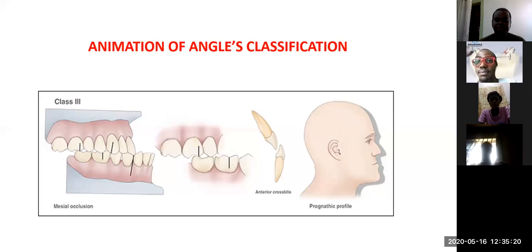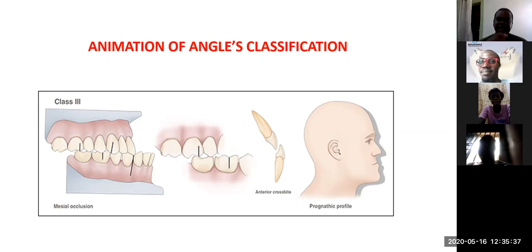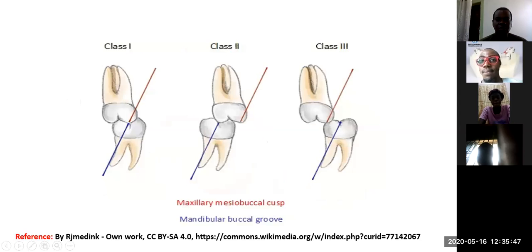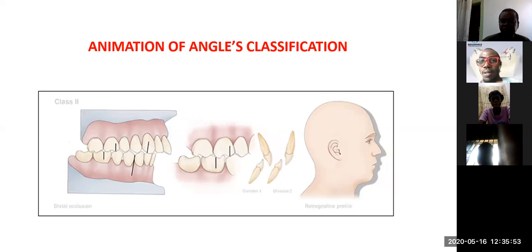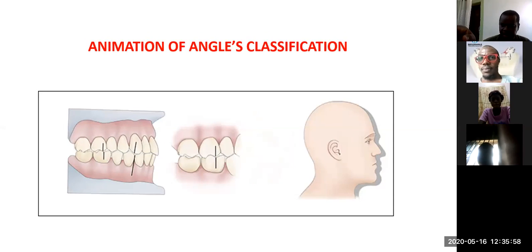You can see the Edward Angle's classifications of malocclusion. Like I said to the person who asked the question, it's divided into 3: class 1, class 2, and class 3. Okay, let's move now. I want the animation to show. Now, if you're looking at the relationship in this class 2, you will see the anterior is coming out more.